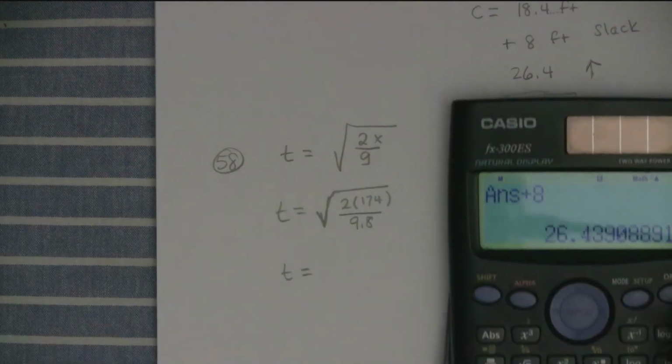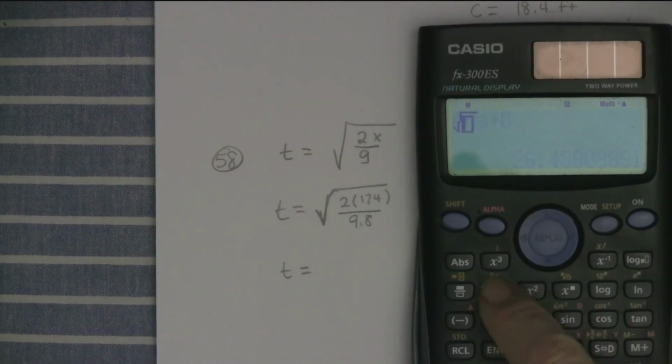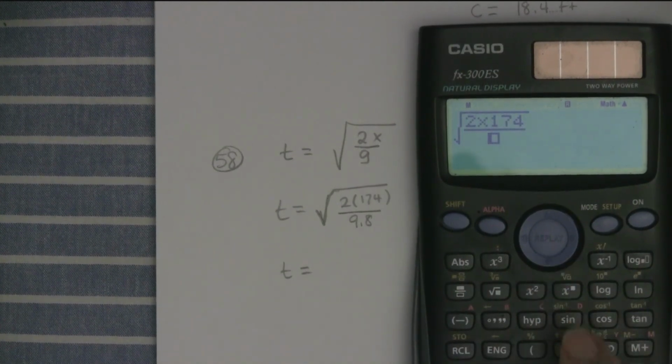So I'm going to put that in my calculator. Fraction. 2 times 174. 174 is a lot to fall. And did they say what it was falling? I don't think they did.